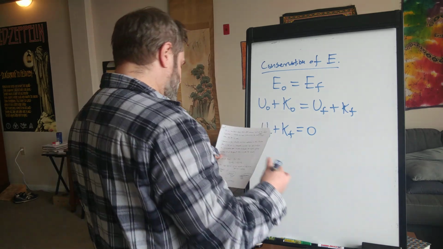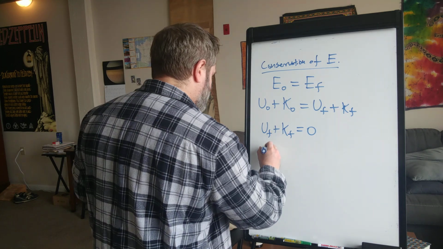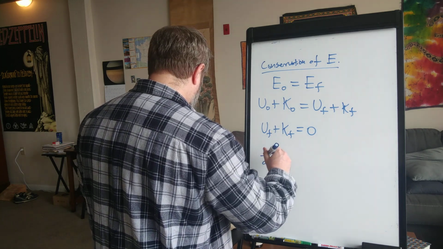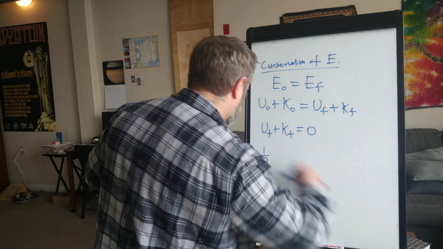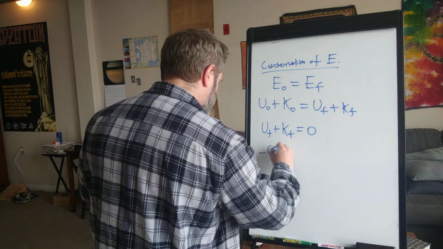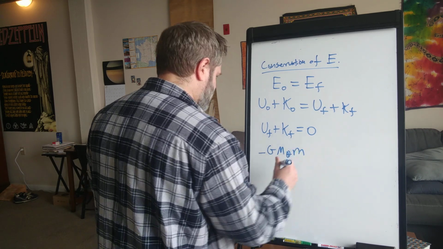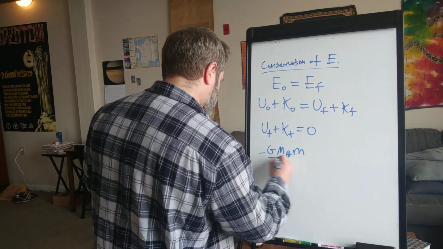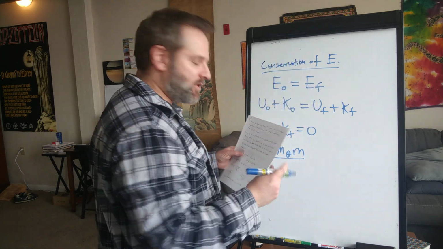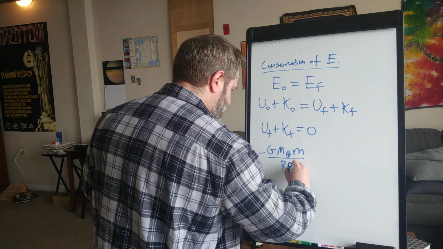Okay. So then we just have one side of the equation. Let me write this the other way around. The initial gravitational energy is G times the mass of the Earth times the mass of the rocket, or projectile, or what have you, divided by the radius of the Earth.